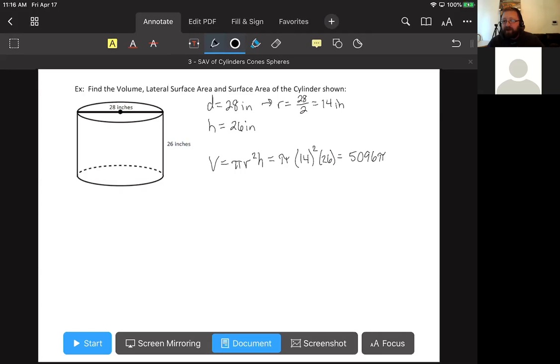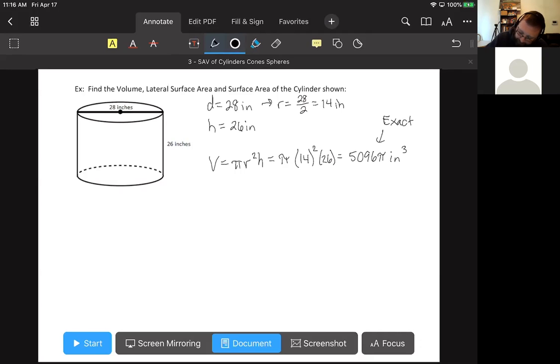So this allows us to give an exact answer for the volume, which would be 5,096 times pi inches cubed. This is our exact answer. It still contains the pi symbol. We have not done anything with that pi yet.